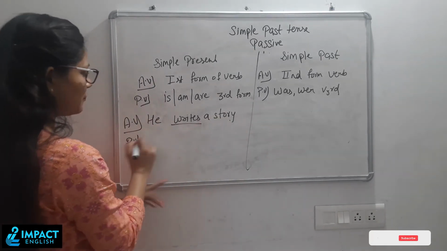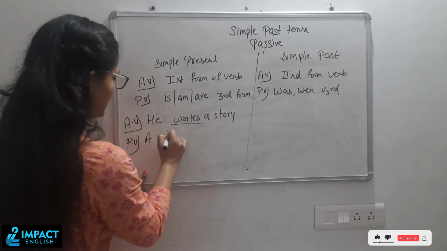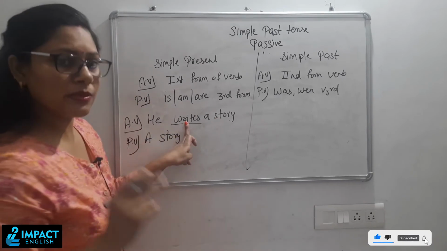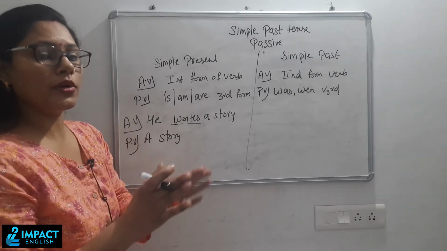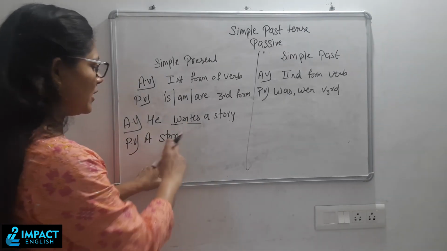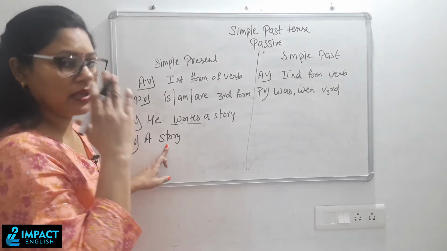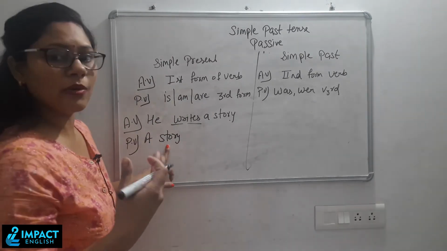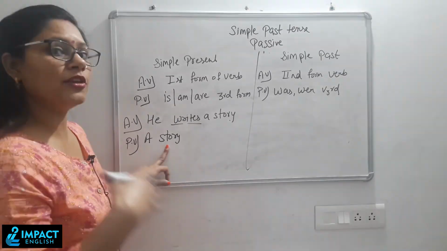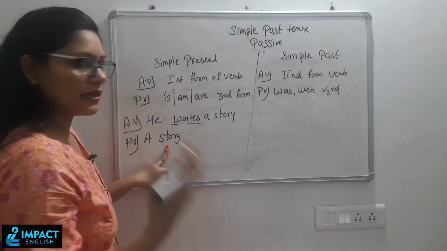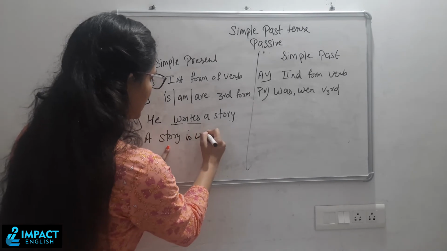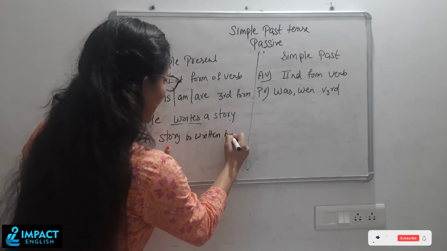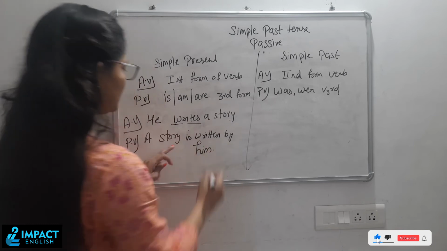Now see, a story, as it's given in simple present tense, so we will use is, am, or are, but according to the subject. A story, here a singular thing is given. So a story is, then third form will be written by him.